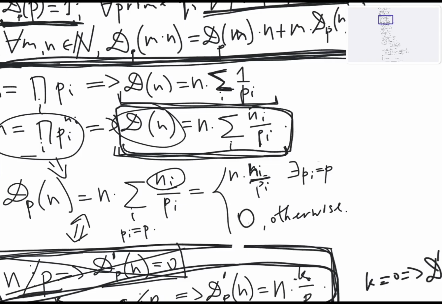This is the explicit formula, and we notice that each term of this sum, basically this multiplied by n, would be the partial derivative.